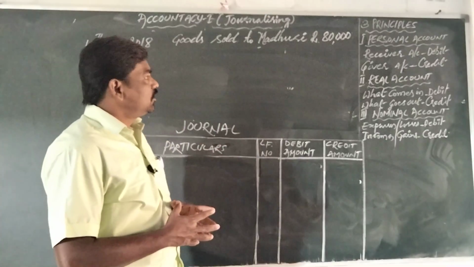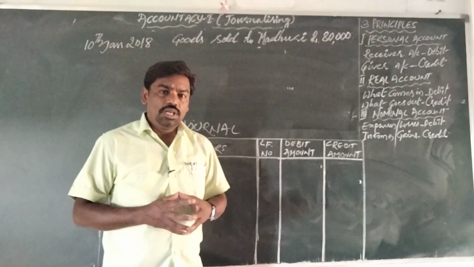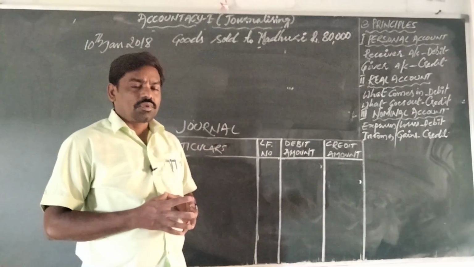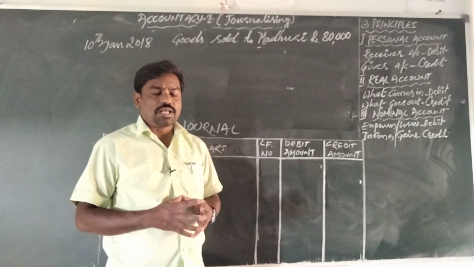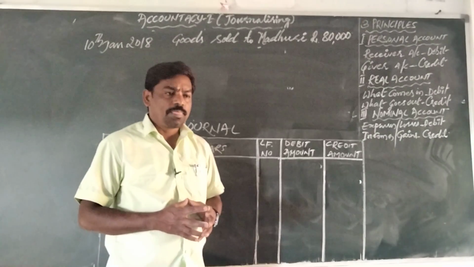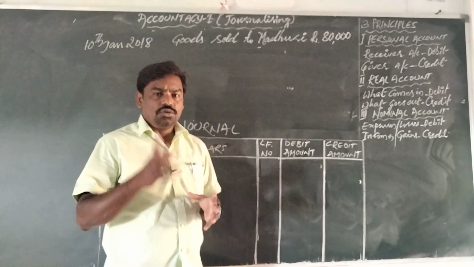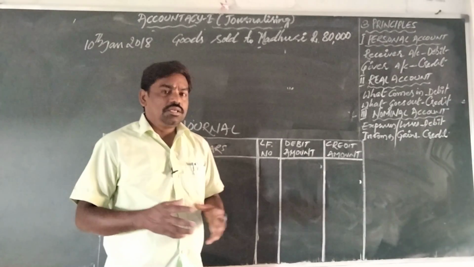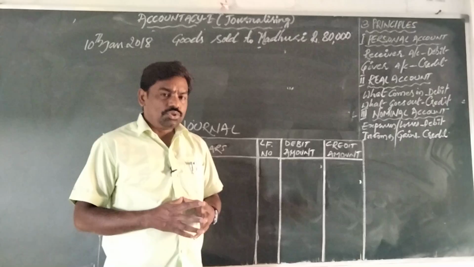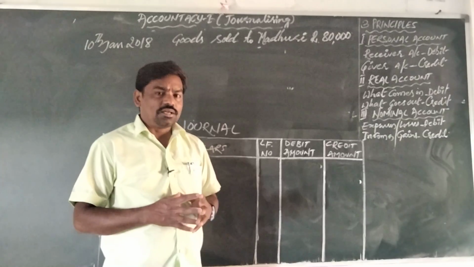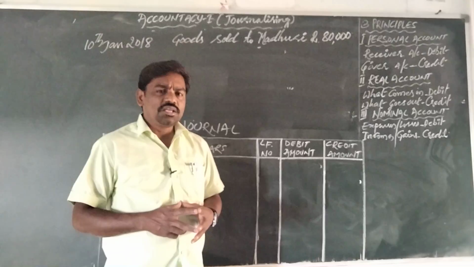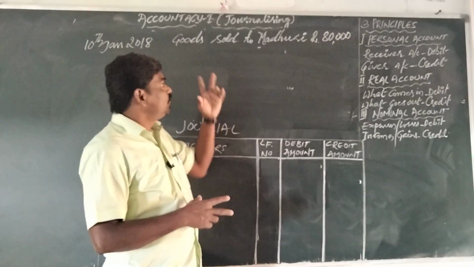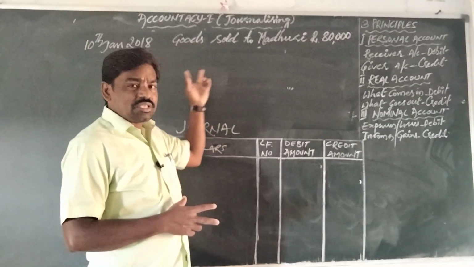And come to next, as per dual aspect concept, every transaction must have two aspects. It is an assumption that every transaction should have two aspects. And here, before understanding or analyzing the transaction, we need to identify two aspects which are in the business transaction.